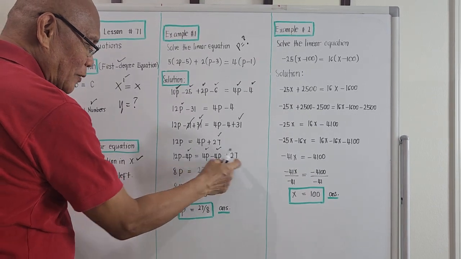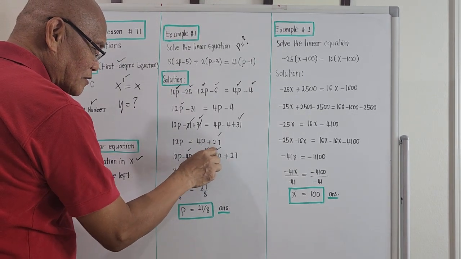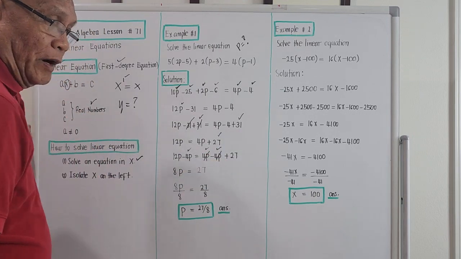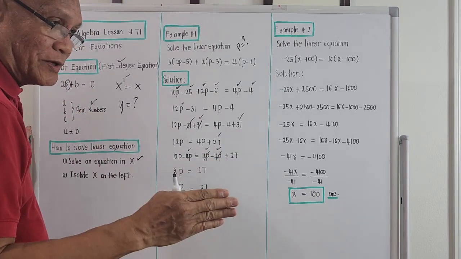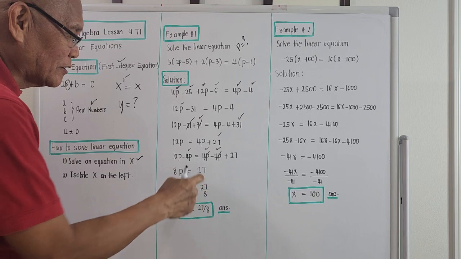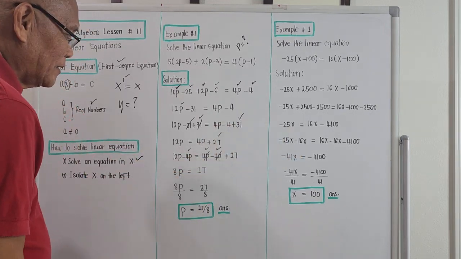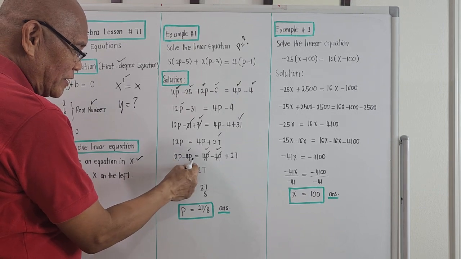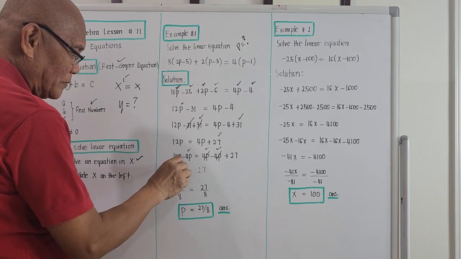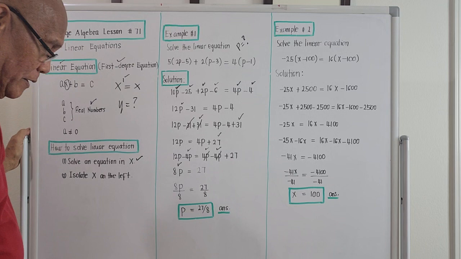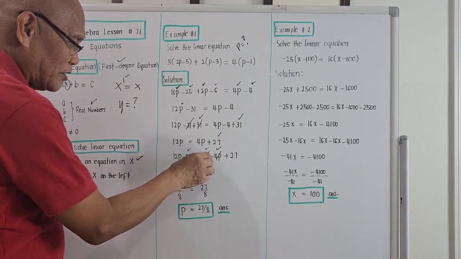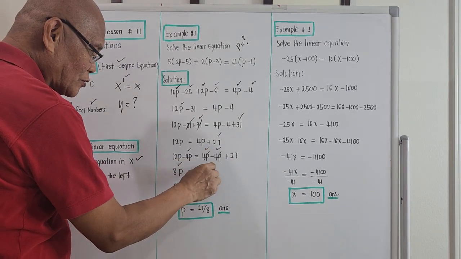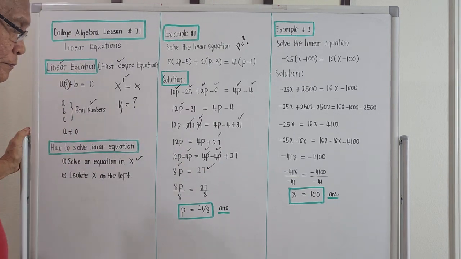After subtracting minus 4p on the right hand side, this cancels. Because actually the object of the subtraction is to eliminate that 4p on the right hand side. So on the left hand side, these are similar terms, right? 12p minus 4p will be 8p. And for the right hand side, since this cancels out, what remains is just 27. Okay?